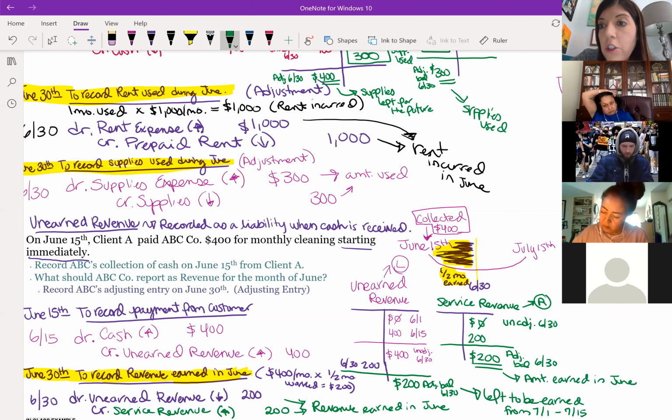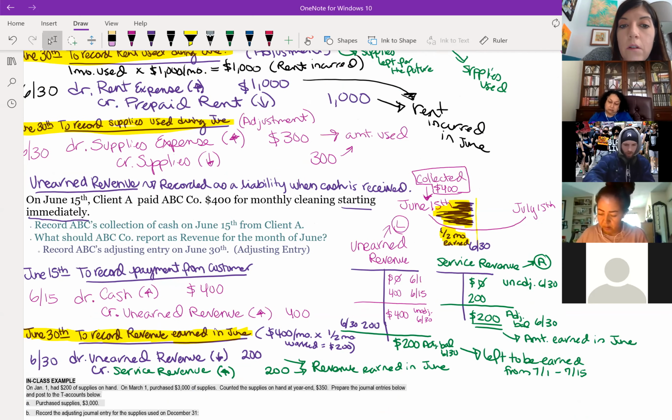So the balance in your service revenue account shows how much in revenue you earned in June. The balance in your unearned revenue account represents how much is left to be earned because you still have an obligation. So that June 30th, that's your adjusting entry right there.